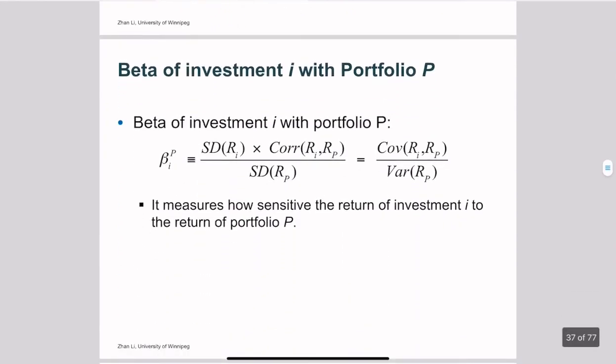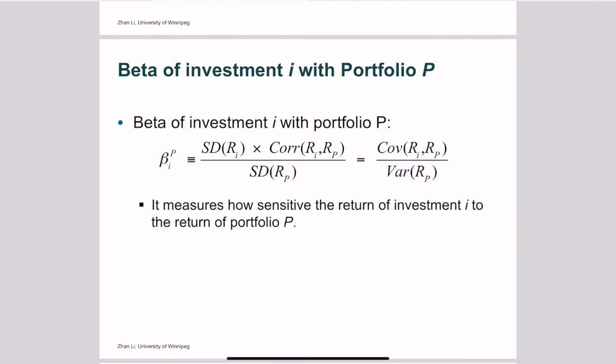To think about this question, we basically need to consider the relationship between expected return and the required returns. And to understand required return, we have to first define beta. Here I would say this is the first time we define beta. And beta plays a very important role in the capital asset pricing model.